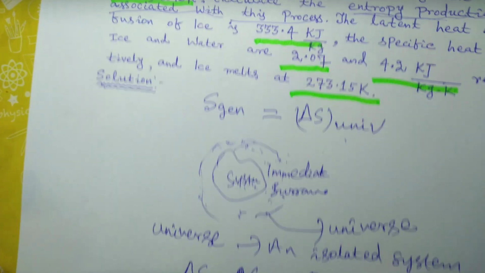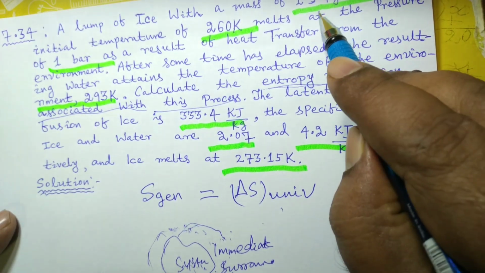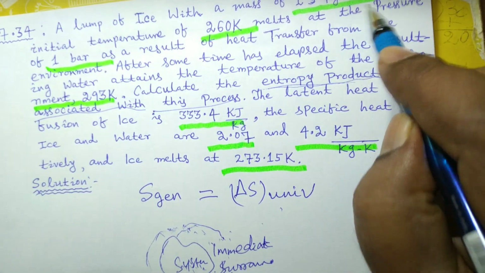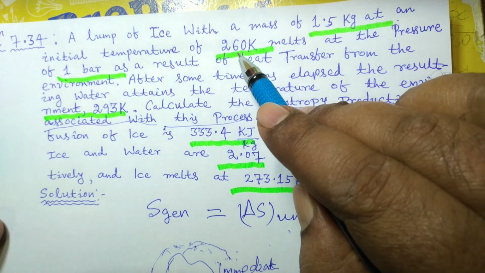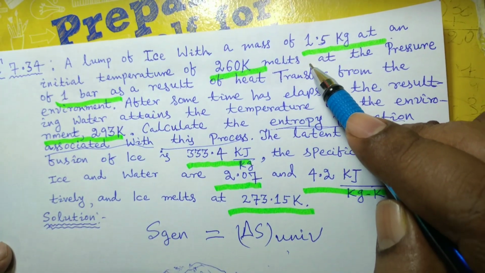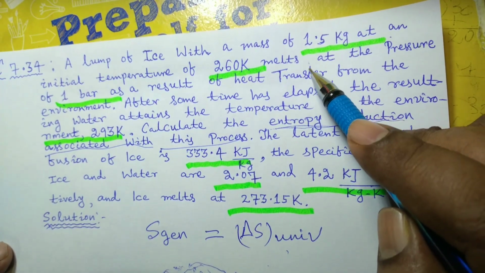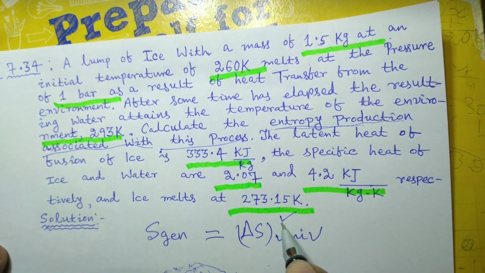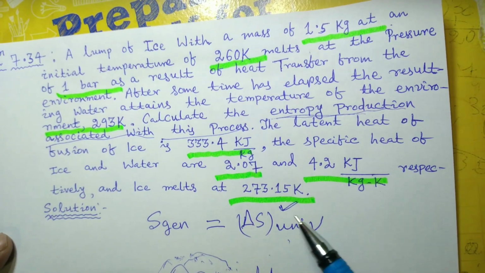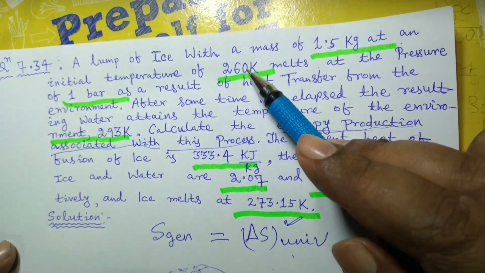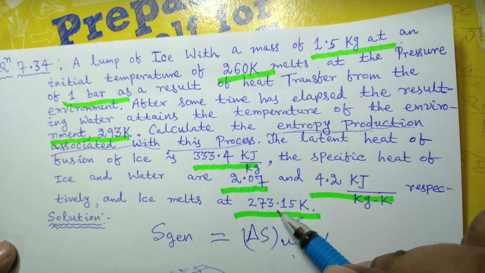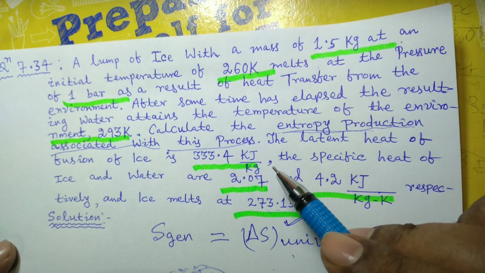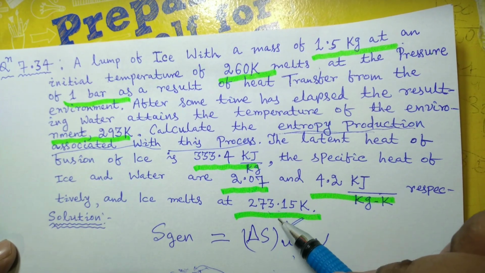Here what happens, 1.5 kg of ice, which is at initial temperature of 260 Kelvin, melts, and its melting point at 1 bar pressure is given to be 273.15 Kelvin. So when it goes from 260 Kelvin to 273.15 Kelvin, it is in the solid state, that is ice.